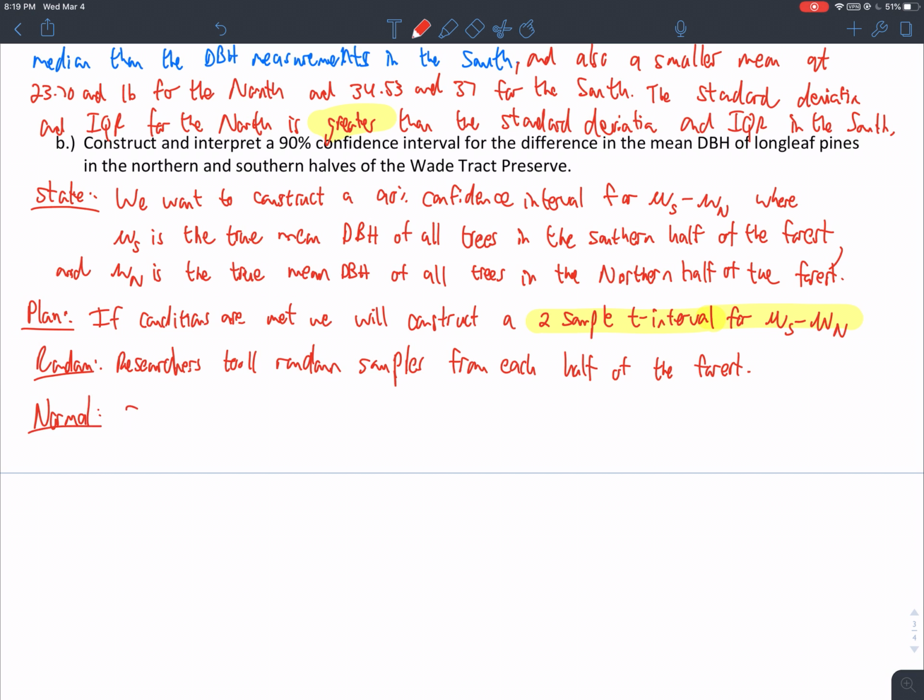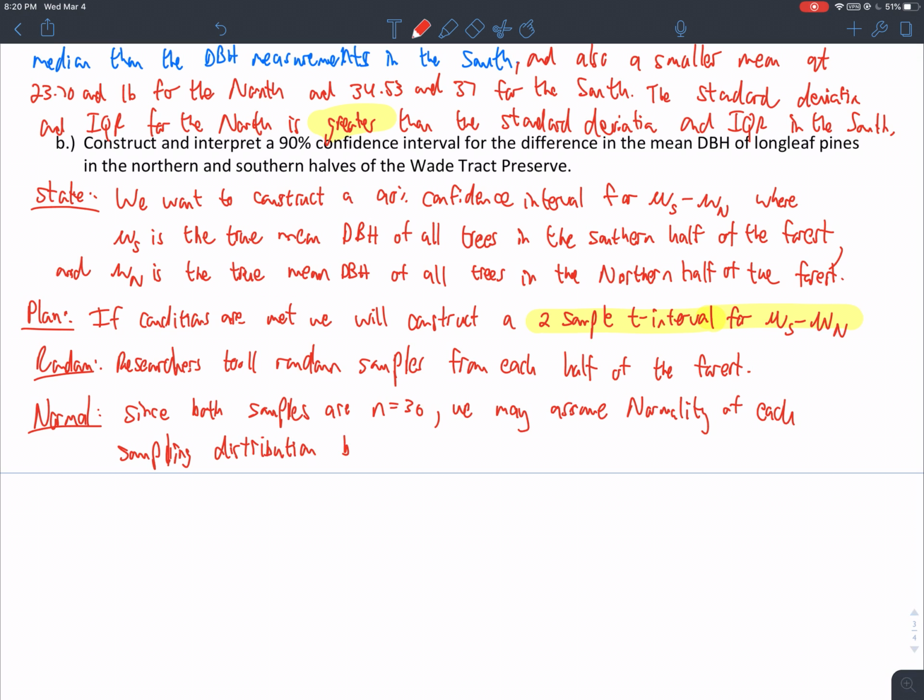Normal. Yay. We can say since both samples are n equals 30, okay, we may assume normality of each sampling distribution by the CLT, okay?